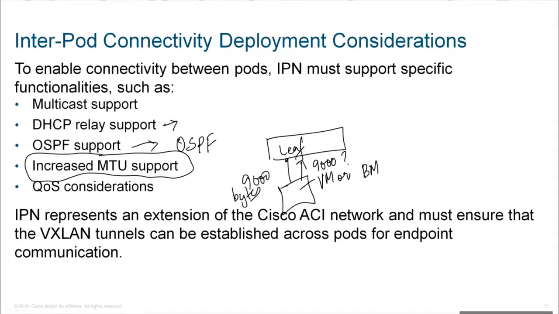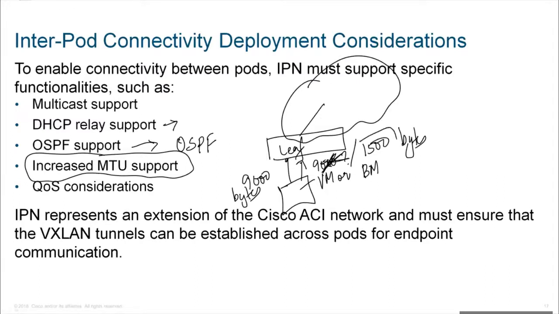What if they don't and they're only sending 1,500 bytes? They don't send any jumbo frames. Well, think about it. When it goes into the fabric, it gets encapsulated with a VXLAN header.